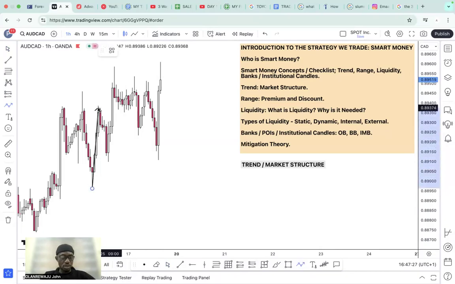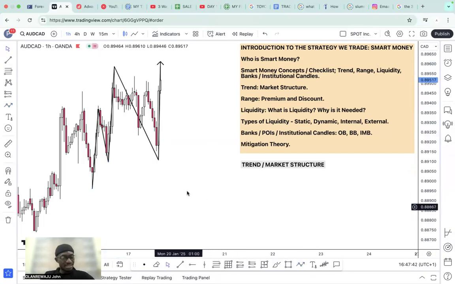That's a low. This is a high, higher low, higher high. You can see that in all this place, the market did not go above that high. So the market came to create a higher low. Now it has gone to create a higher high. Simple market structure. So that's how you identify your trend, your range.